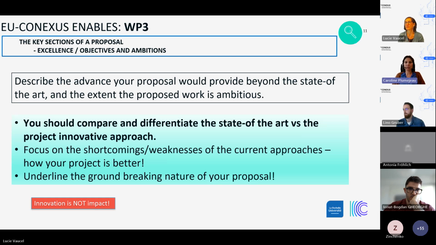You should avoid missing the most recent and updated published work relating to your project, not only within academia, but also in other relevant sectors such as industry, if applicable in your project. In this part, you should compare and differentiate the state of the art versus the project's innovative approach. Focus on the shortcomings and weaknesses of the current approach, how your project is better, of course, and underline the groundbreaking nature of your proposal.